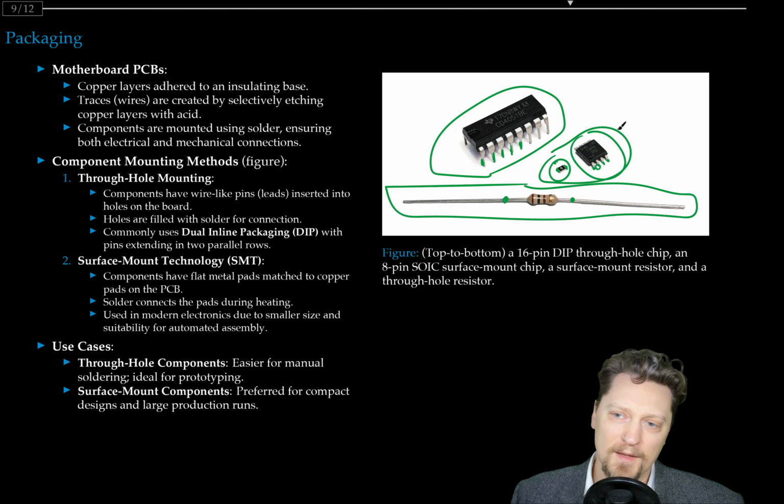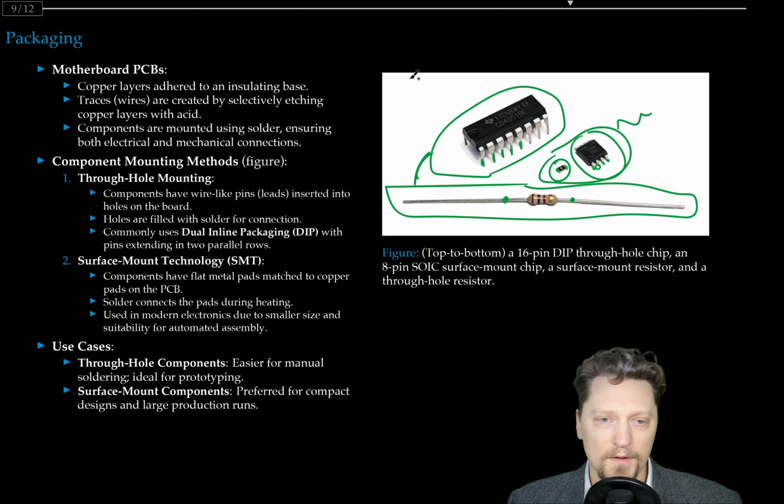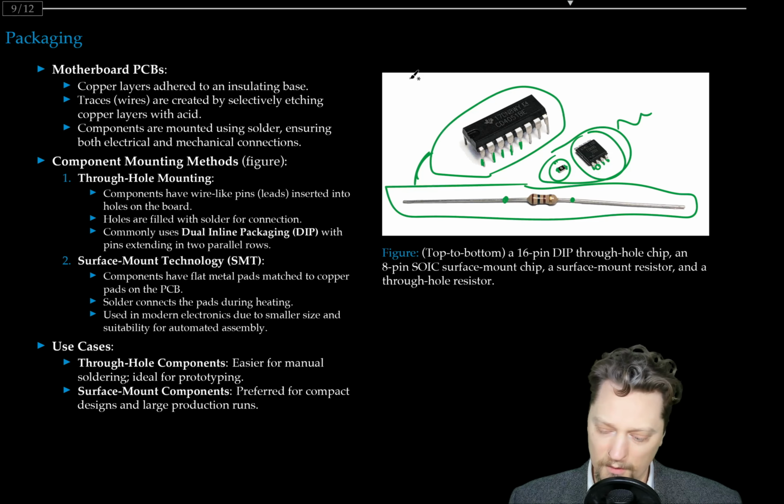Dealing with SMT manually is very challenging, if not impossible in some cases, whereas through-hole is something that you can do by hand. So it depends on what you're doing. If you have a prototype, you probably want to work with through-hole mounting, and if you're doing a large production run, you're going to want to move to SMT.